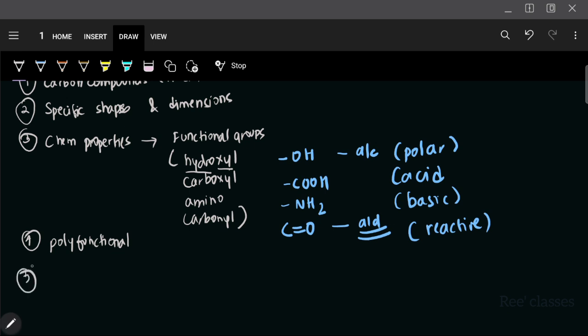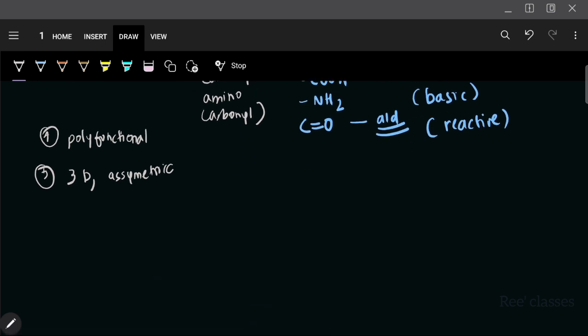Okay. Obviously, biomolecules are not 2D structures. They are 3D. They make up 3D organisms, so they are 3D, and they're asymmetric. Okay. And how is this 3D shape being maintained? Why does it not collapse, and why is it actually a 3D shape?